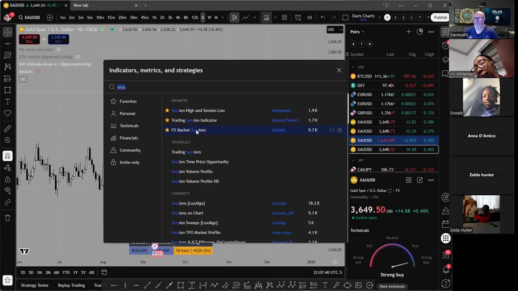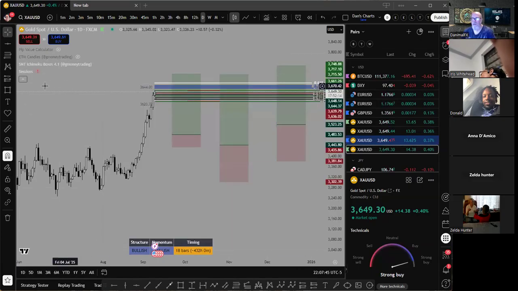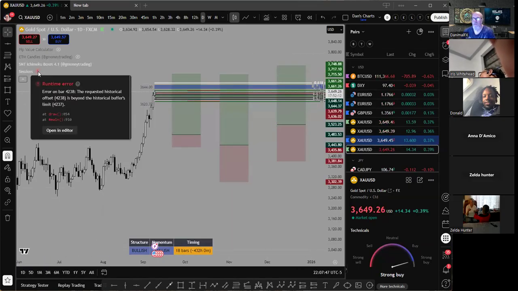Oh, there's something wrong with this market sessions. This is one that G Money normally uses. So there's something not right with this indicator. It's either my computer or something. But anyway, the Asian session usually runs from 6 p.m. Central Time to 1 or 2 a.m. Can't remember.